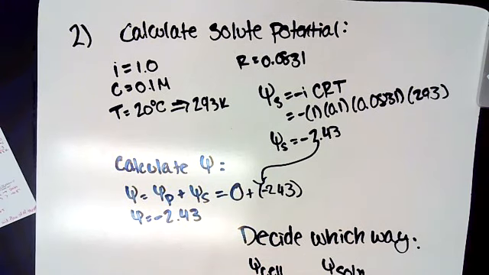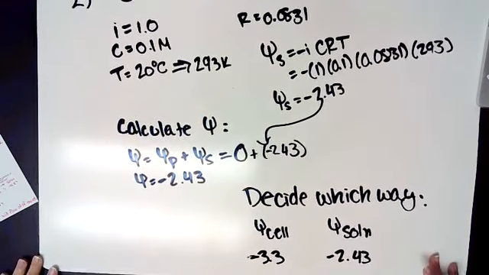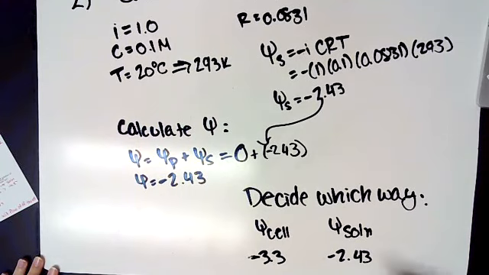And the reading tells us that the piece of root tissue, what would be our cell, is going to be negative 3.3 bars. So we want to think about which one is bigger, which one is closer to 0. Negative 2.43 is closer to 0, so it's greater.